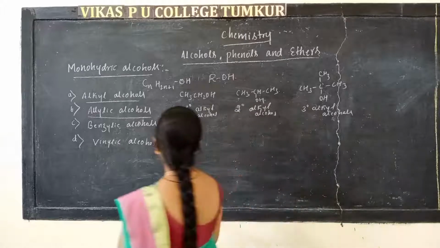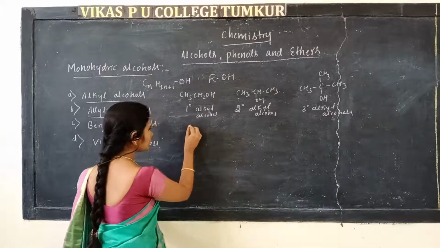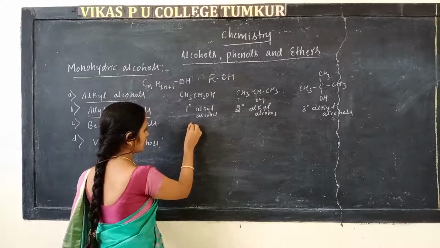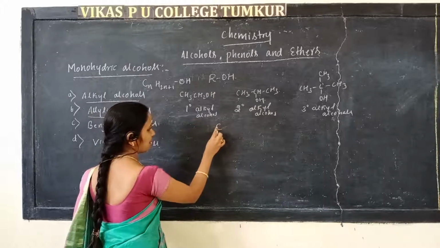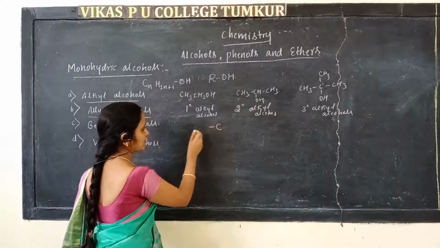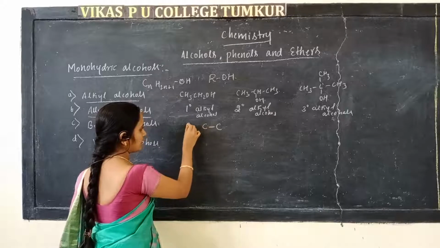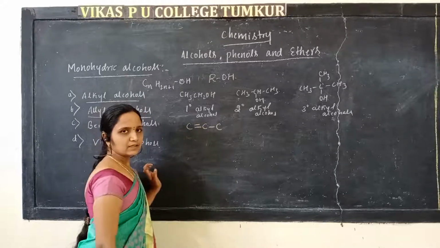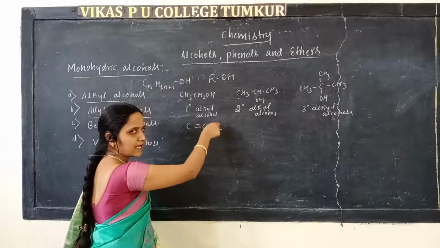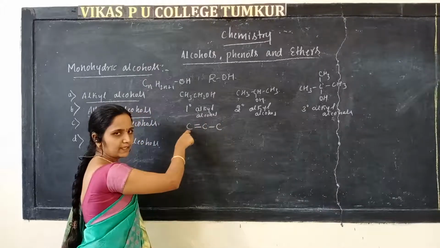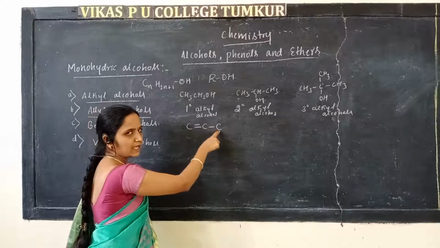If you take this carbon, it is attached to the carbon-carbon double bond. This carbon which is attached to the carbon-carbon double bond is called an allylic carbon.